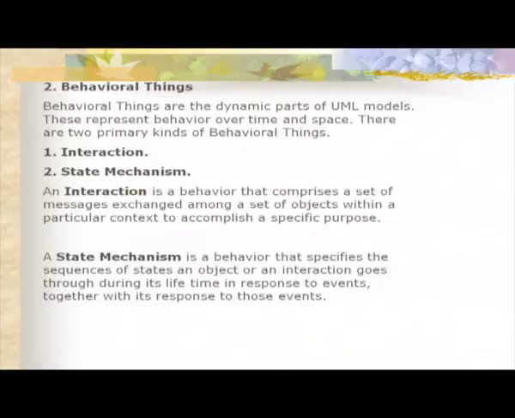Behavioral things: interaction, state, again it is known. How do they interact? What is the way in which the messages get exchanged among a set of objects within a particular context to accomplish a specific purpose? Again this idea of context is something which we wanted to be away from. In the earlier days, the more context free, the better we were in taking things to the machine.